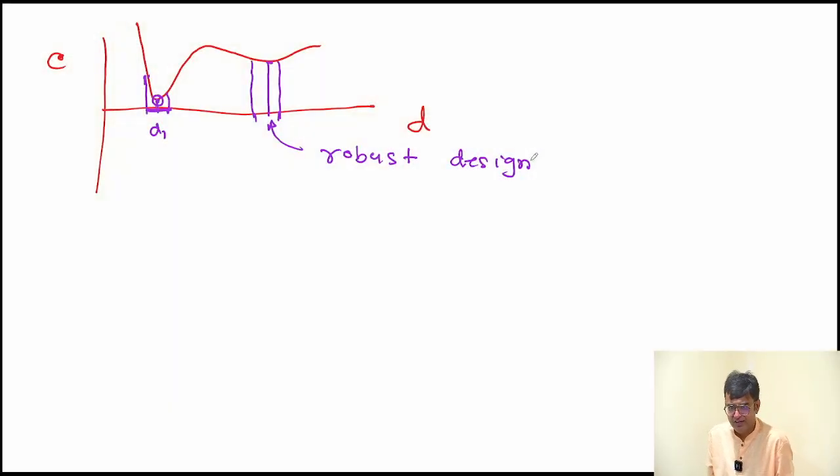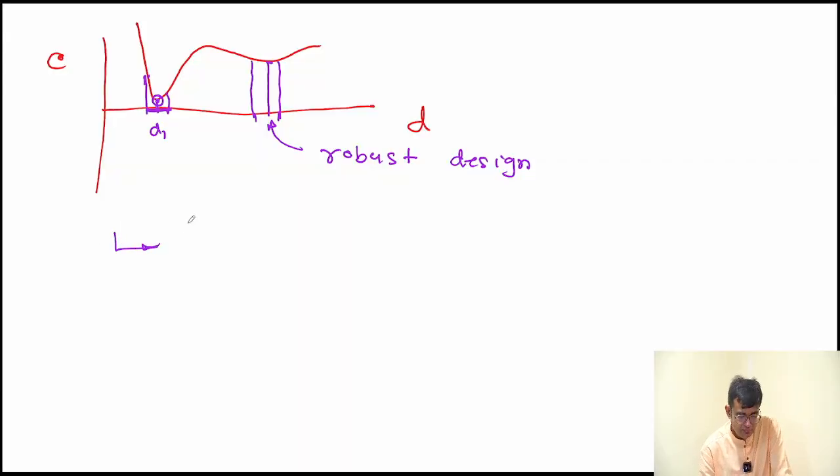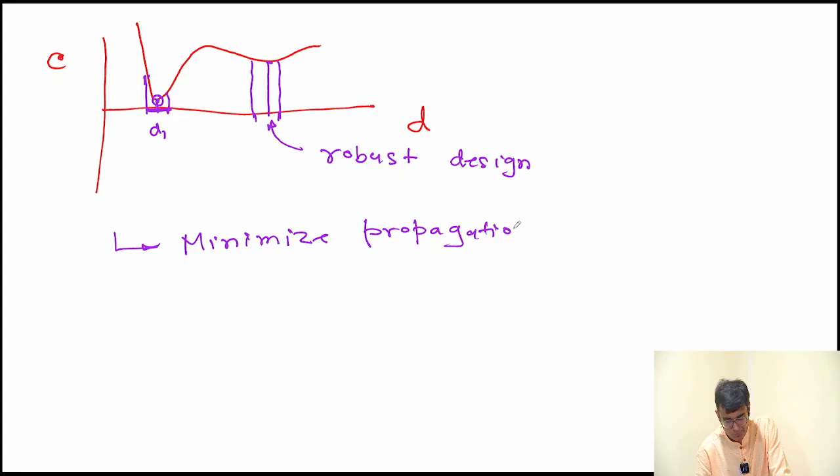So this is the idea of robust design optimization, where the idea is to minimize propagation of uncertainty.